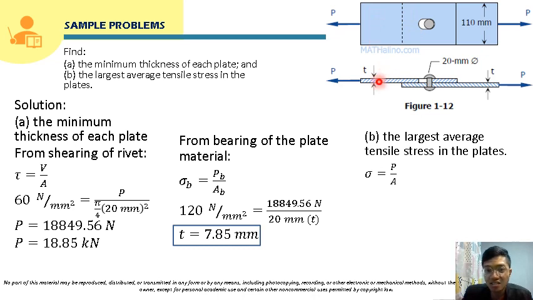Is the thickness given, or computed? The thickness, no. So that will be the normal stress at this section. But if we are going to solve for the normal stress at the section of the plate here, if we pass a section through this part of the plate, this hole will be subtracted from the width of the plate.